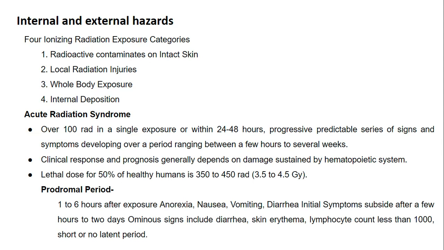Anorexia, nausea, vomiting, and diarrhea are the initial symptoms, and they subside after a few hours to 2 days. Ominous signs include diarrhea, skin erythema, lymphocyte count going below 1000, and a short or non-latent period.